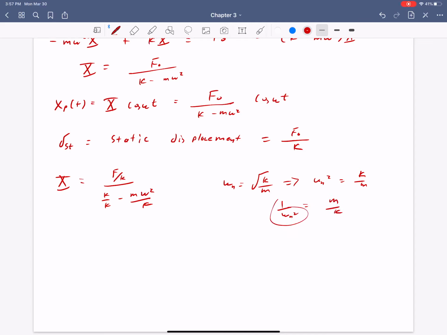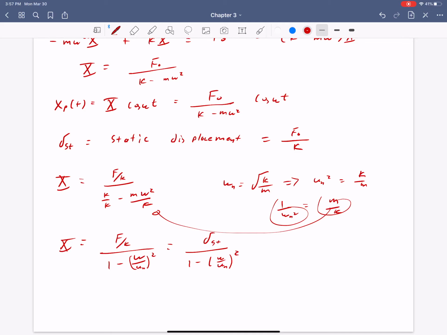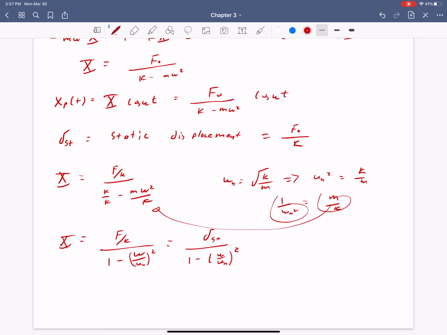We can take this and put it in there, and we have X is equal to F0 over k over 1 minus omega over omega_n squared, which is equal to the static displacement over 1 minus omega over omega_n squared. I know what you're thinking: why in Bob's name have you rewritten this thing? It's because there are a number of reasons. A, I want to make your life harder. No, I don't, just kidding. I want your life to be as easy as reasonably possible.